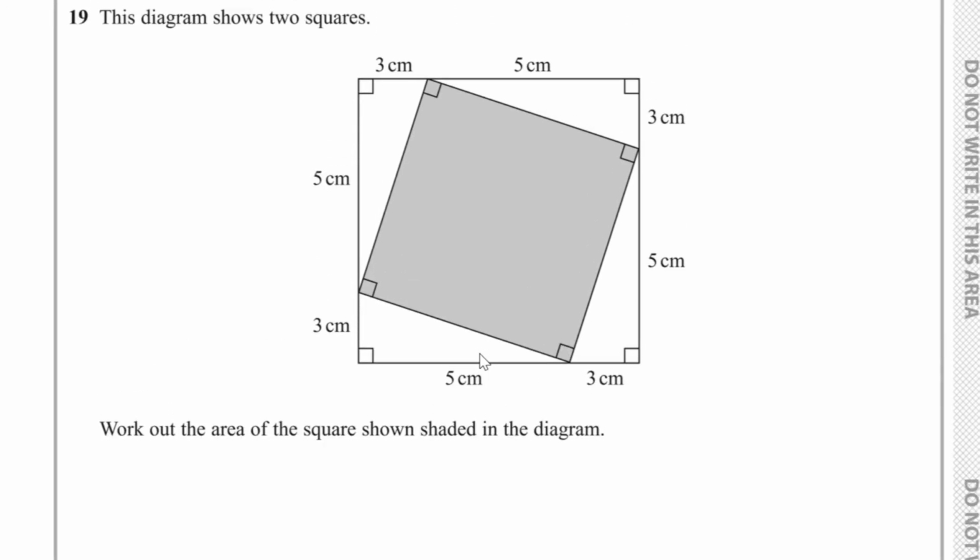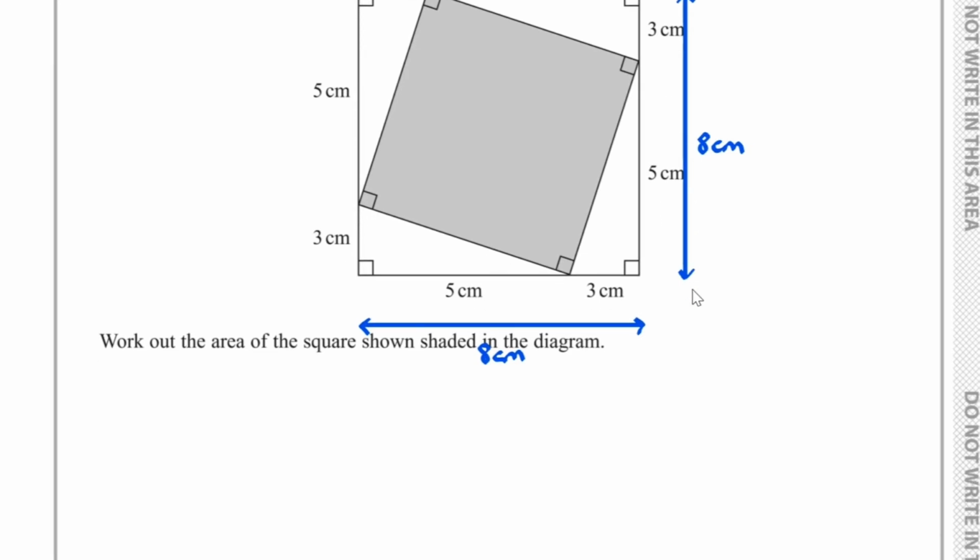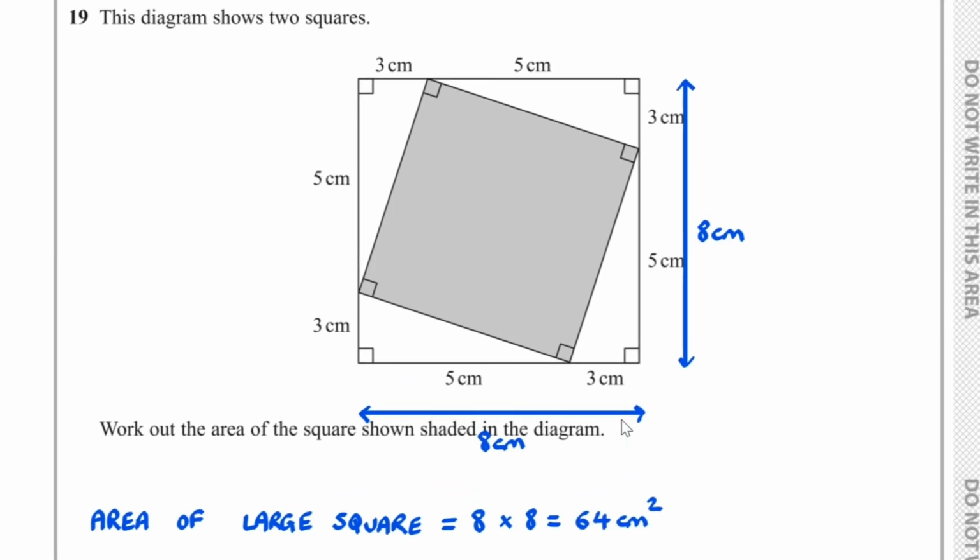So, we've got the dimensions of the outer large square, 8 centimeters by 8 centimeters, and that comes from the fact of adding 3 and 5 centimeters together. And so the area of the large square, we've got 8 times by 8, which is 64 centimeters squared.